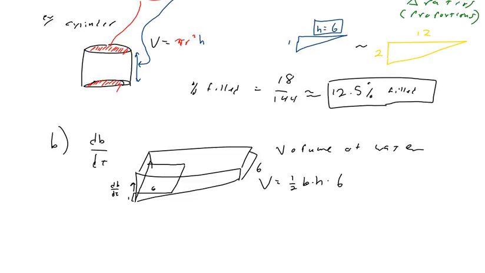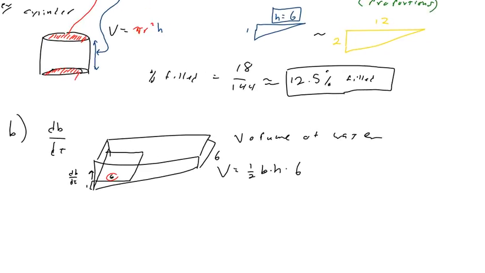I could use that same proportion, 2 over 12, and how I found the height here. We said 1 over h equaled 2 over 12.